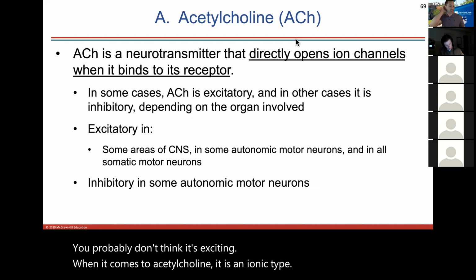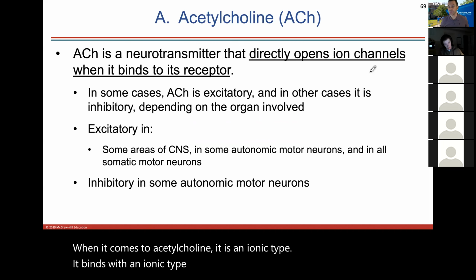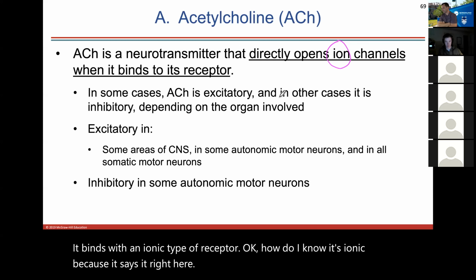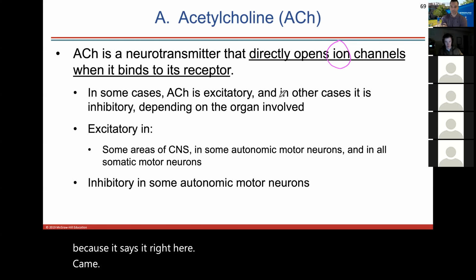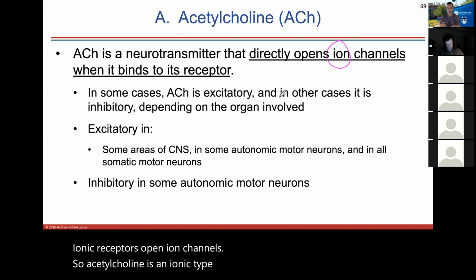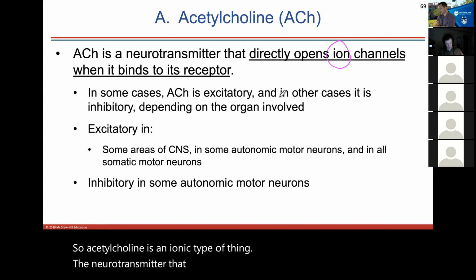It binds with an ionic type of receptor. How do I know it's ionic? Because it says it right here. Ionic receptors open ion channels. So acetylcholine is an ionic type of thing. It's a neurotransmitter that directly opens ion channels when it binds to it.